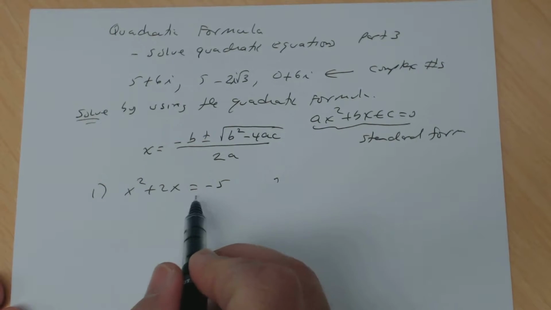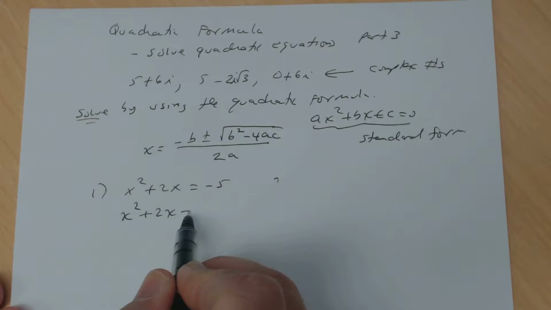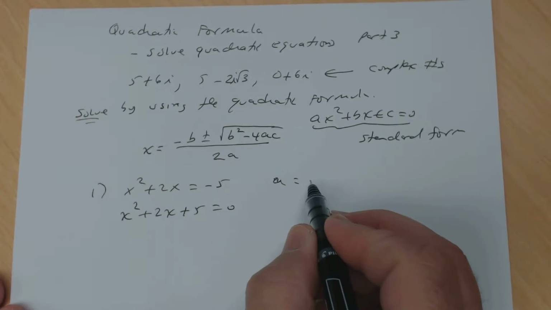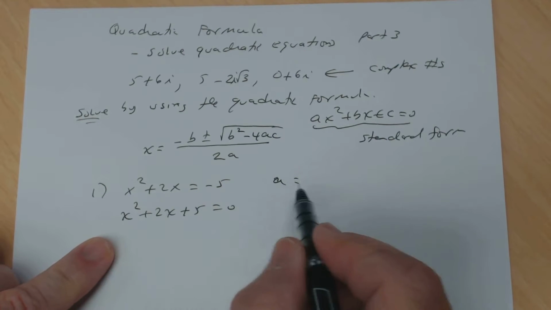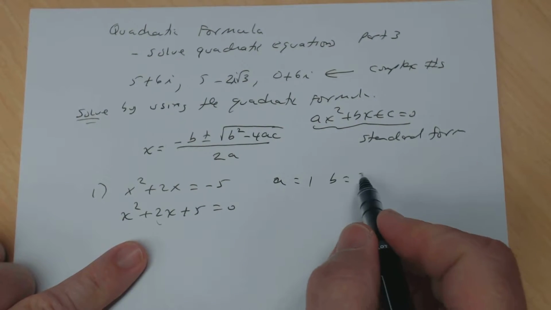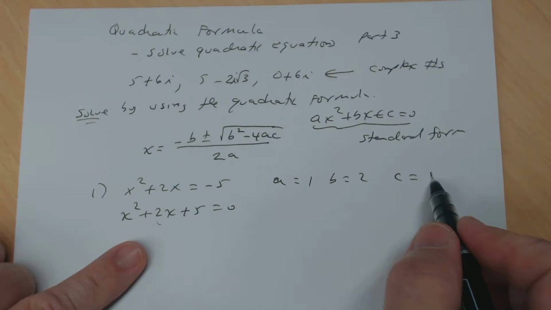So I have to put it in standard form, so that's going to be x squared plus 2x plus 5 equals 0. In this case, a is the coefficient of x squared, so a is 1. b is the coefficient of x, so that's a positive 2. And c is your constant, so that's a positive 5.